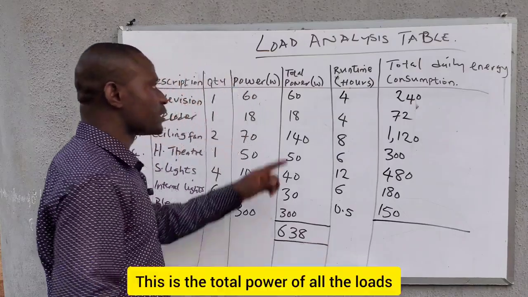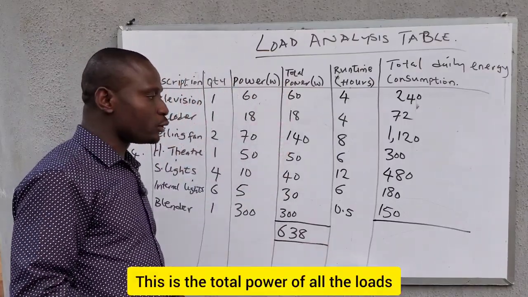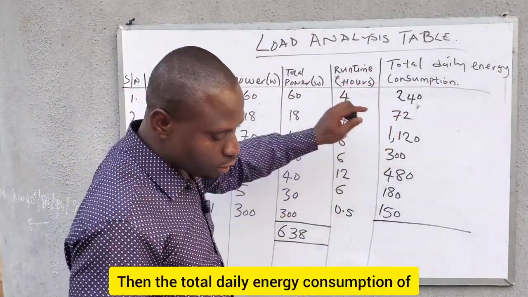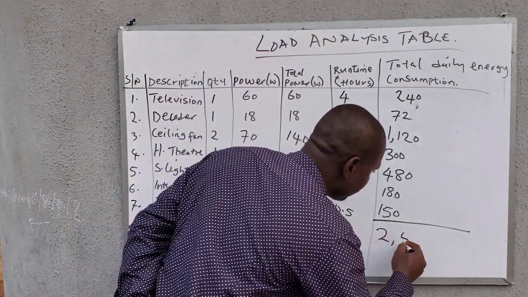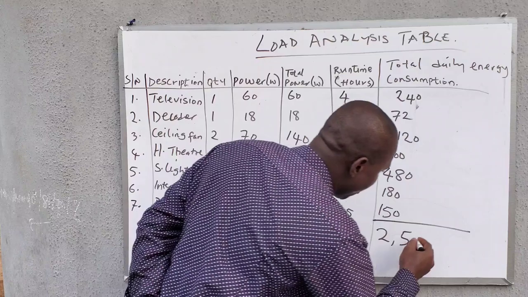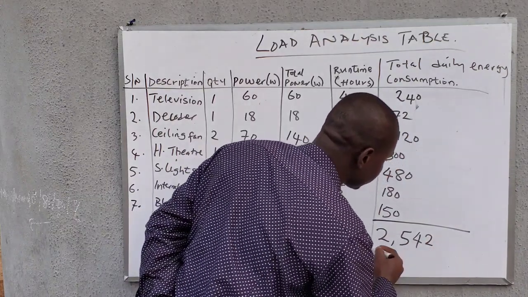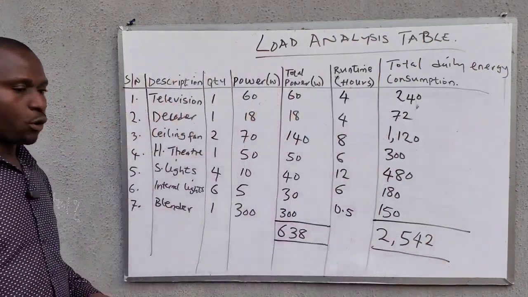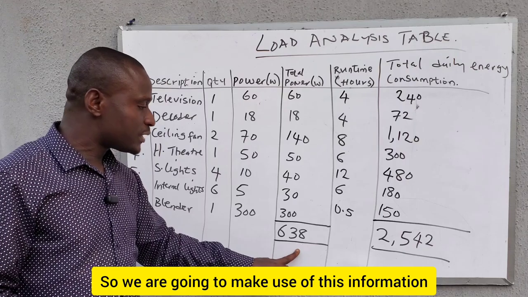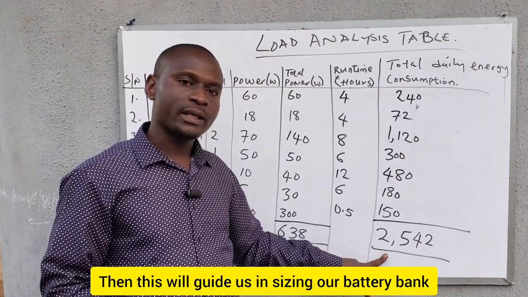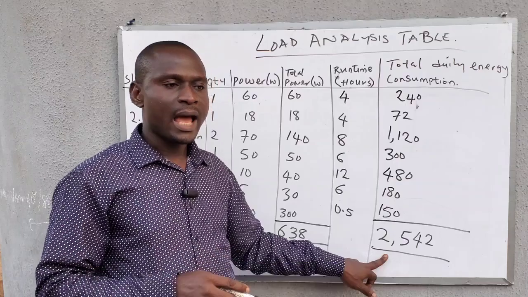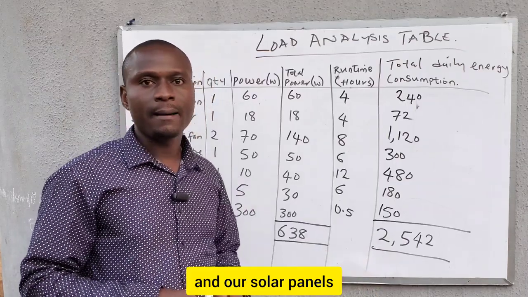This is the total power of all the loads. Then the total daily energy consumption of these loads will be 2,542 watt hours. So we are going to make use of this information to size the inverter. Then this will guide us in sizing our battery bank and our solar panels.